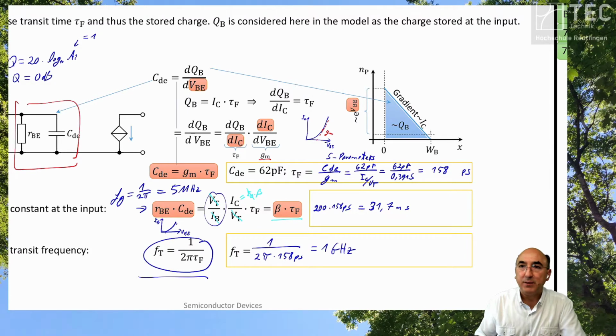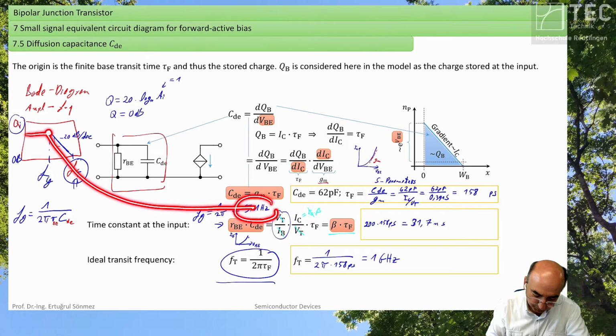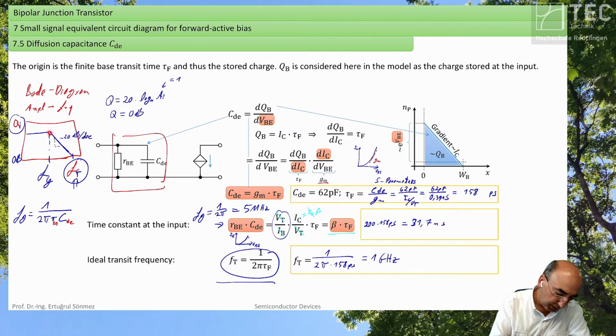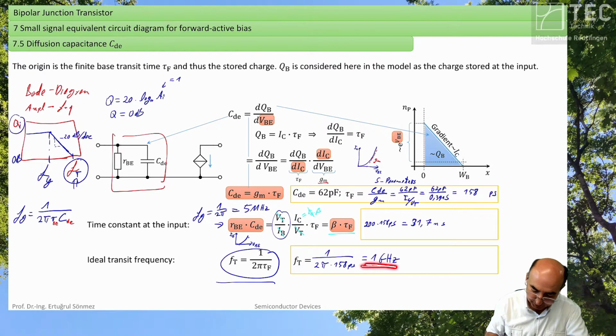What does that mean for us? It means your bipolar transistor has a roughly constant current gain up to 5 megahertz, and then its current gain is dropping due to your low pass characteristics. Then your current gain is 1, which is 0 dB, at 1 gigahertz.